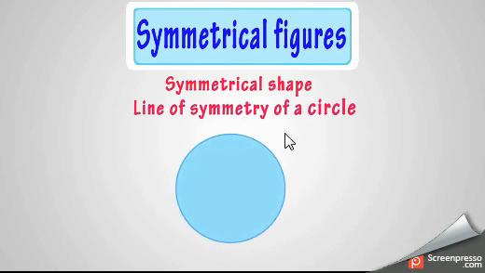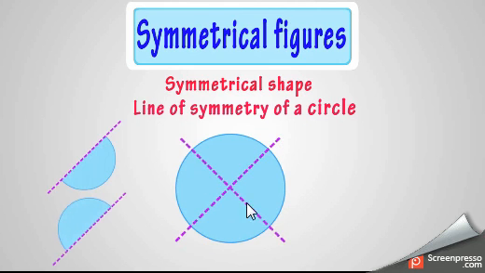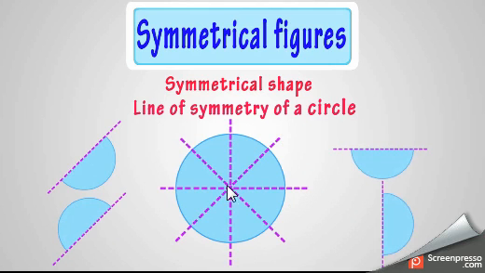We will see now. If I draw a vertical line, it will divide the circle with a line of symmetry. If I draw a line like this, or like this, or like this, or like this, it will be a line of symmetry.